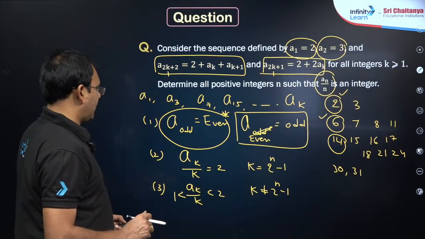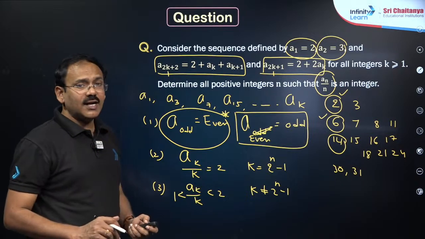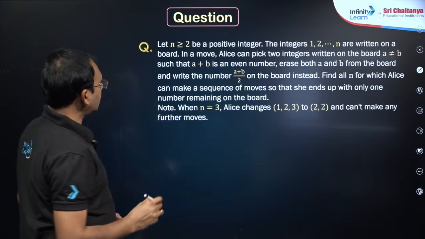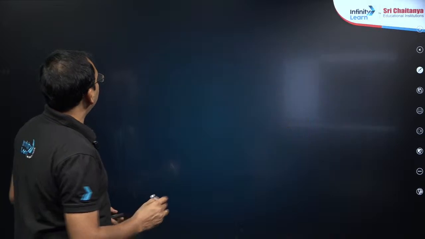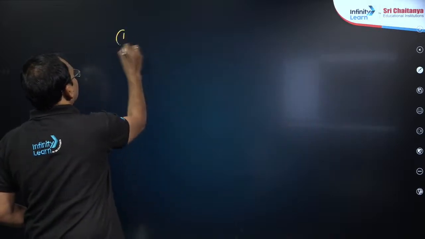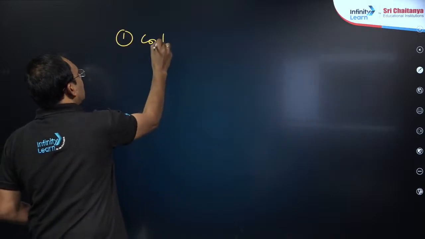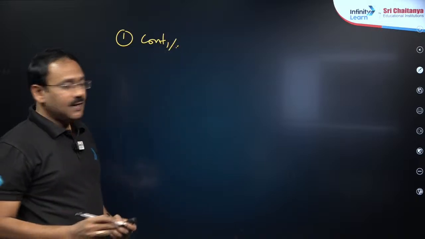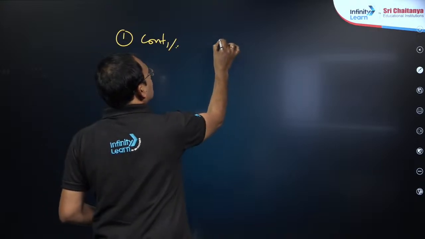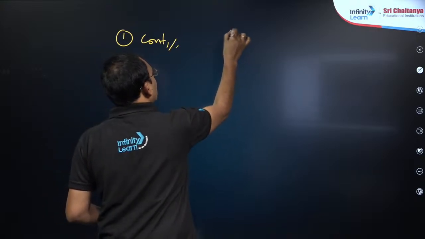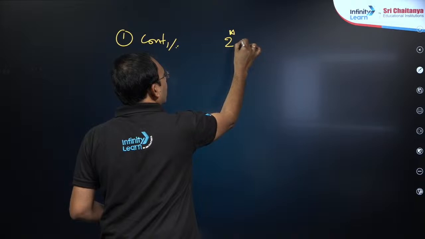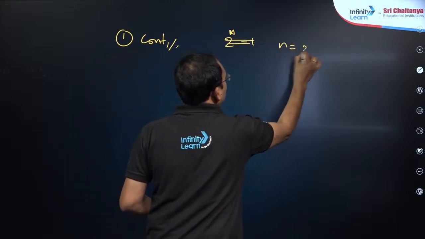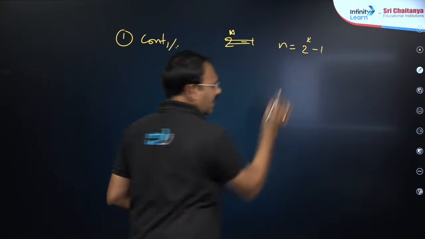How to prove this, my dear friends? For that, you consider the case, dear students. Here let me write. So, continuation of the first question. You see here, take some k as 2 power n minus 1, or you can take n is equal to 2 power k minus 1 kind of something.